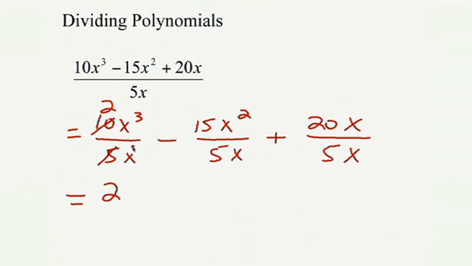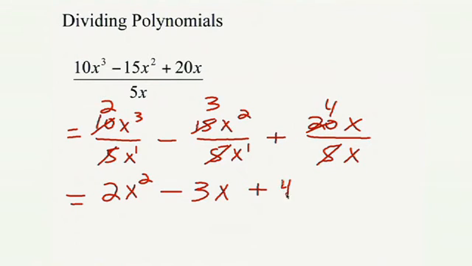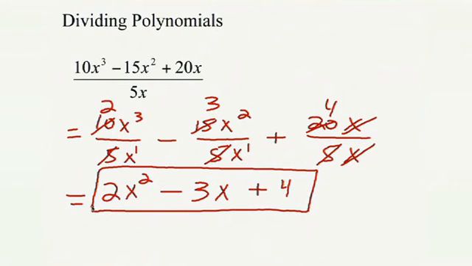And when I divide the x's, I subtract the exponents. 3 minus 1 gives me x squared. Minus 5 goes into 15 3 times. When I subtract the exponents here, 2 minus 1 gives me x to the first power, or just x. And finally, 5 goes into 20 4 times. And an x in the top and an x in the bottom are identical, so I can just cancel them. So this is the final answer here, 2x squared minus 3x plus 4.